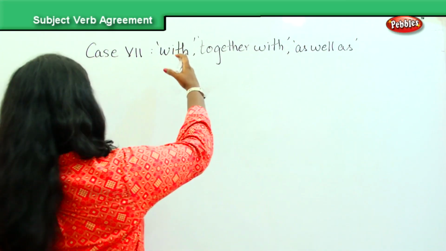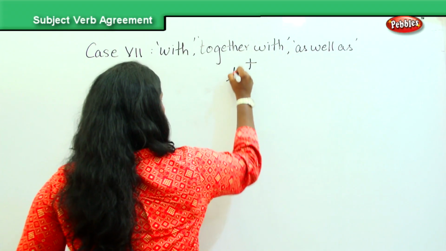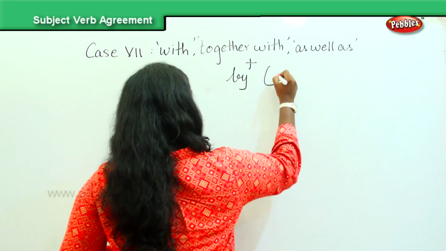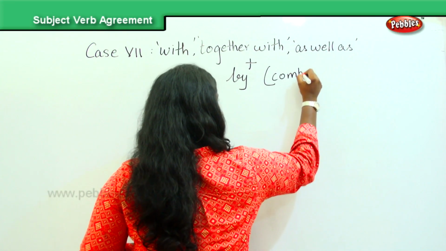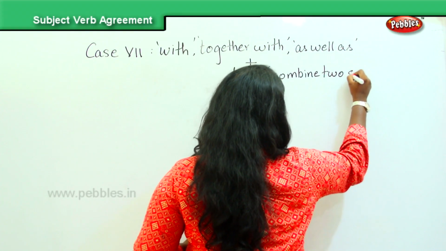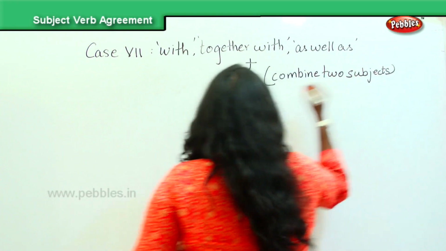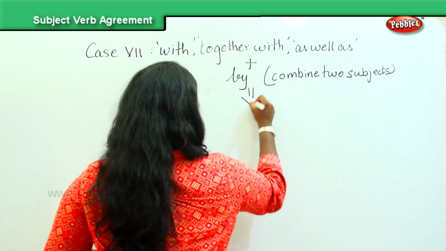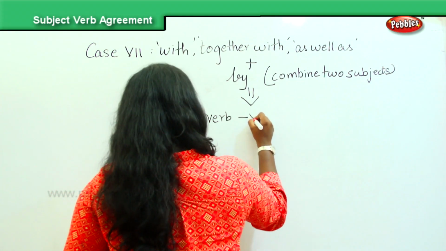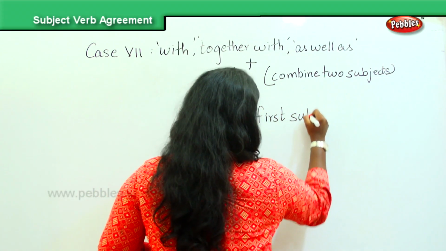So when you have your sentences with these, accompanied with by, to combine two subjects, your end result will be where your verb will agree with the first subject.